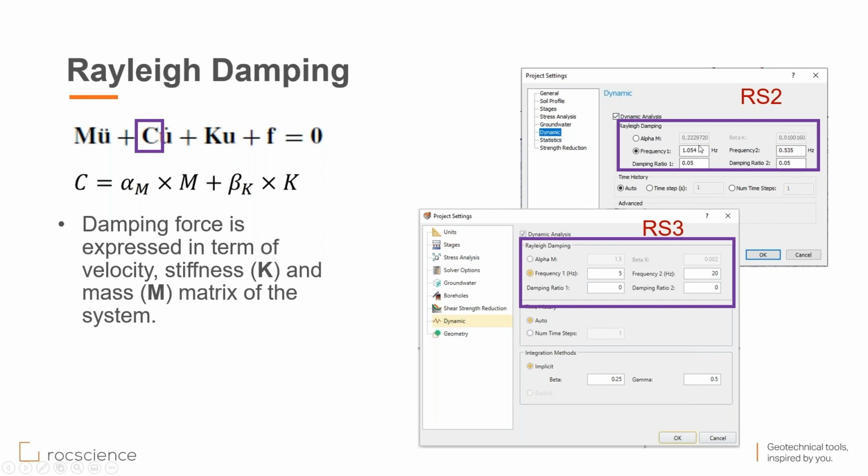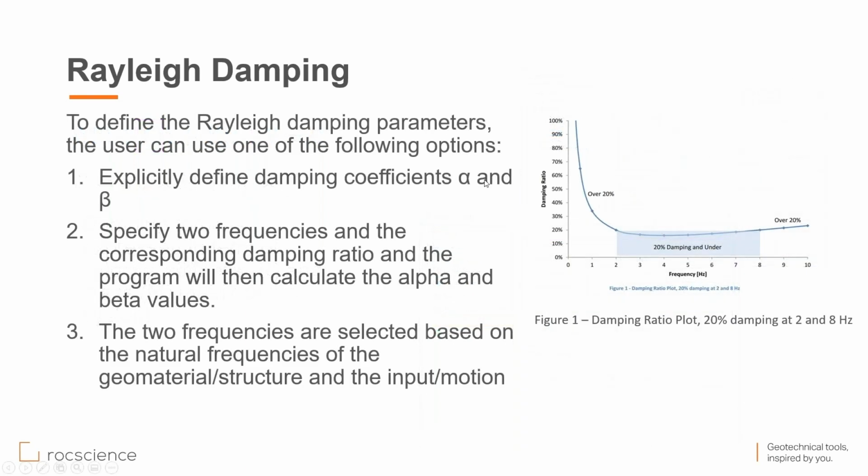Then the program will automatically calculate the alpha M and beta K and get into the Rayleigh damping. The two frequencies are selected based on the natural frequency of the geometry or structure, or they can also depend on the input motion.